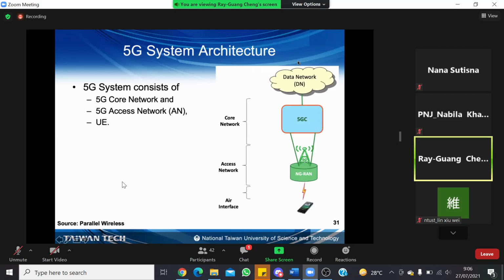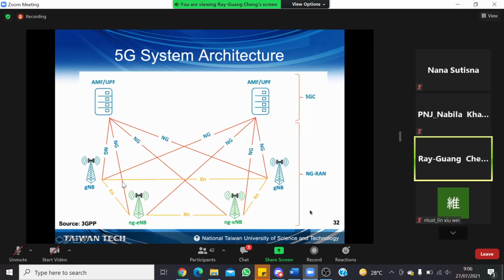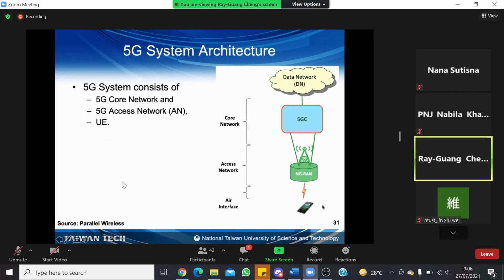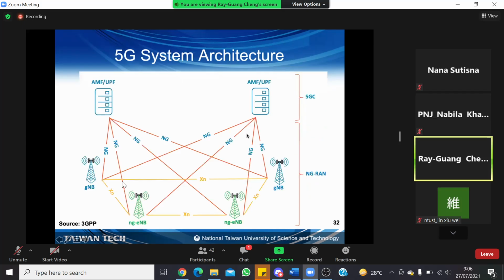So now we just quickly go through the background knowledge for eNodeB. For 5G, they have a similar architecture as 4G. They have UE, they have base station, they have core network. So you can see the major difference we just mentioned in the previous video.